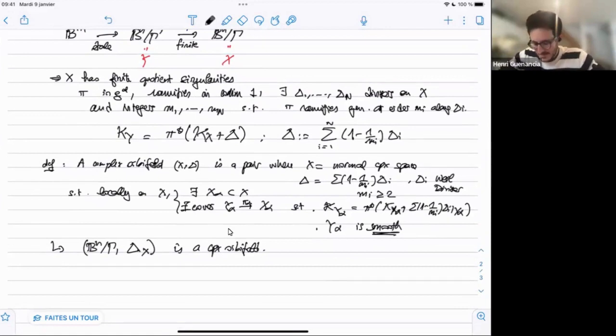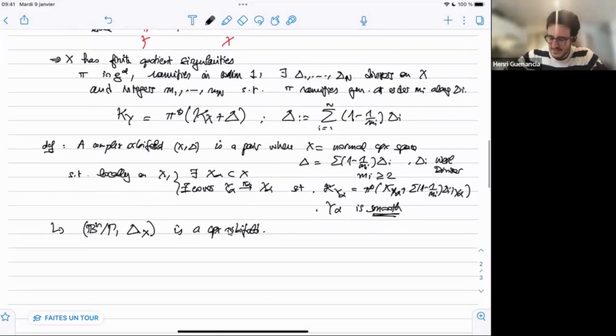Now, this is where I'm jumping to a slightly bigger class of singularities that naturally arise in birational geometry, called log terminal, or in this particular case, Kawamata log terminal singularities, that are more general than finite quotients, but that in a lot of ways behave similarly.